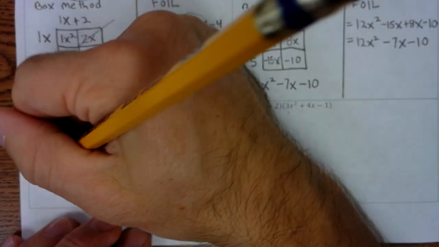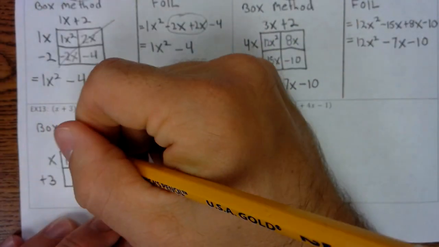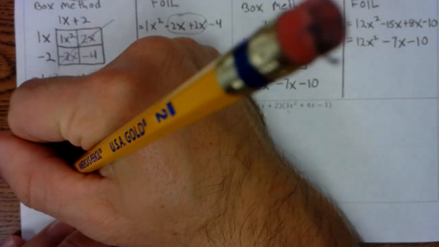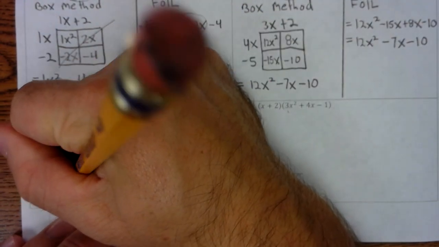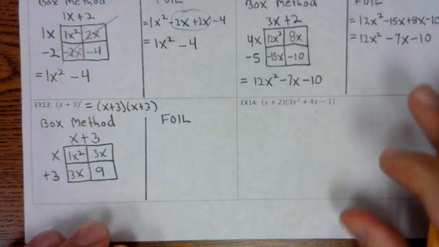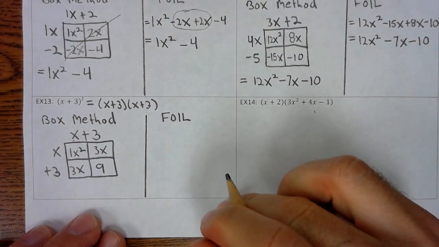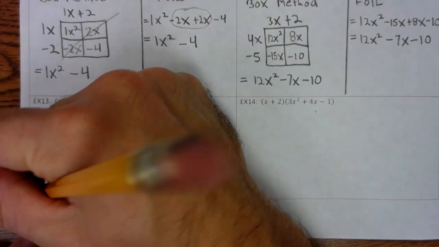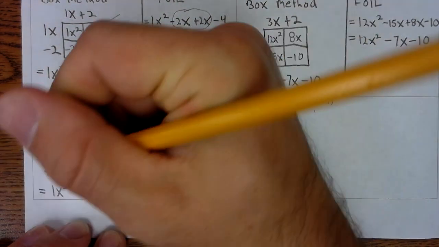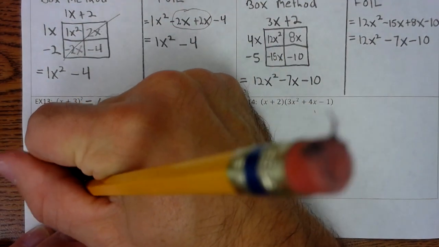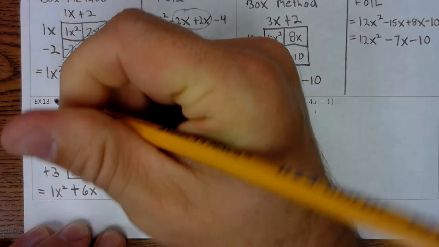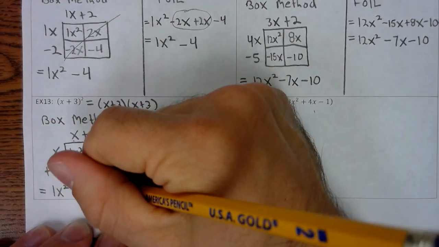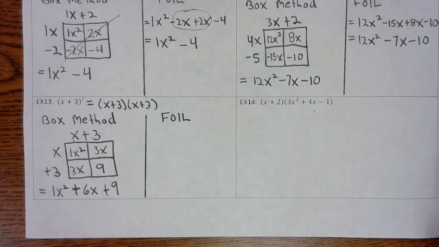So x times x is 1x squared. x times 3 is 3x. 3 times x is 3x. 3 times 3 is 9. So you have 1x squared plus 6x, because 3x and 3x is 6x, plus 9.